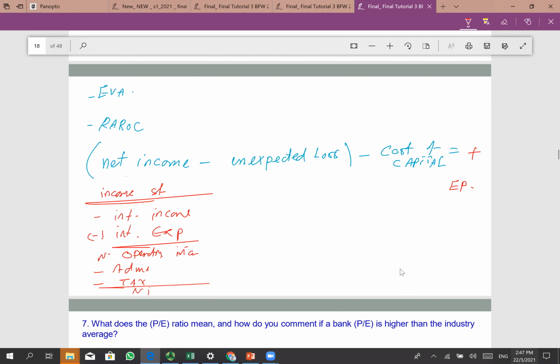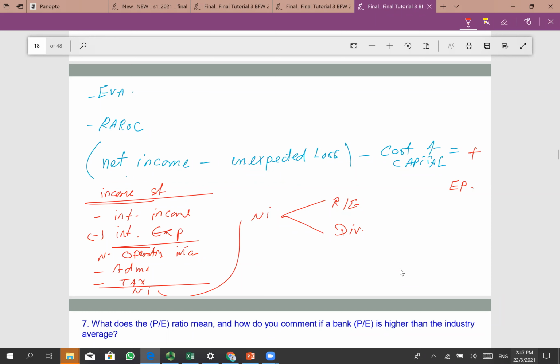Remember, everything has been already absorbed for the cost of the business. Now this net income will go either to retained earnings if we are holding something, or will go for what we call dividends. But both of them should equal the net income.